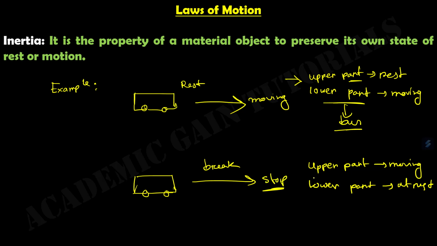So we will go forward. Our upper body will go forward because our upper part is moving. So this is the property by which it preserves its state of motion. This is known as inertia.